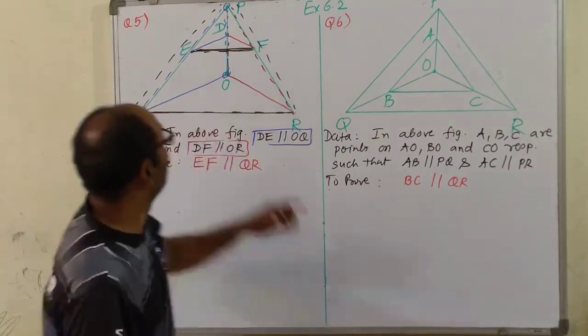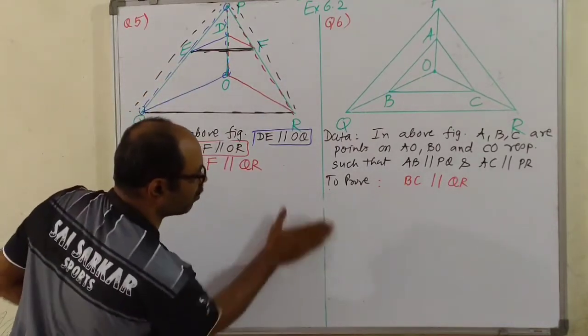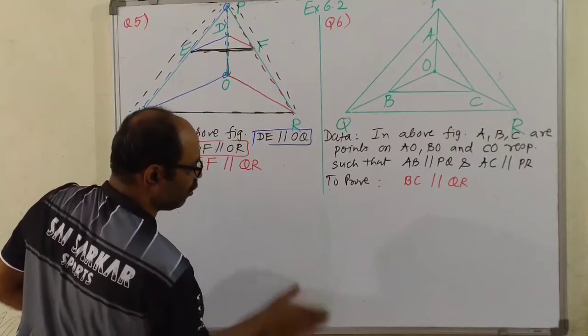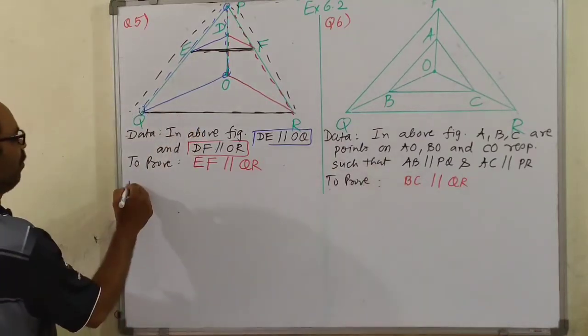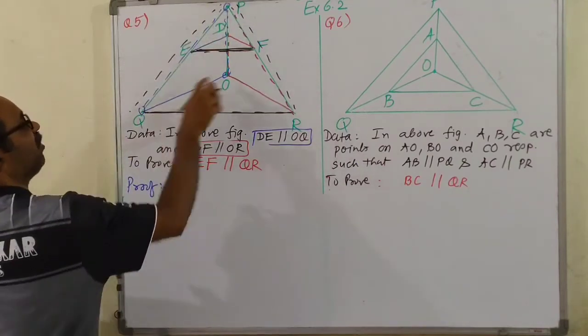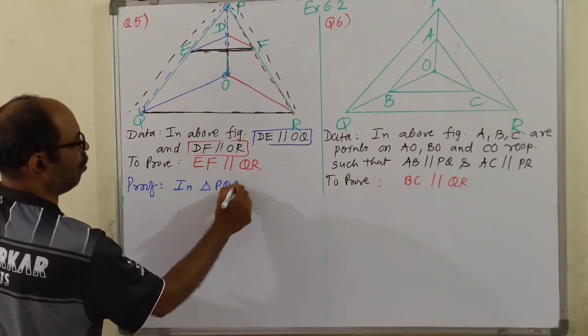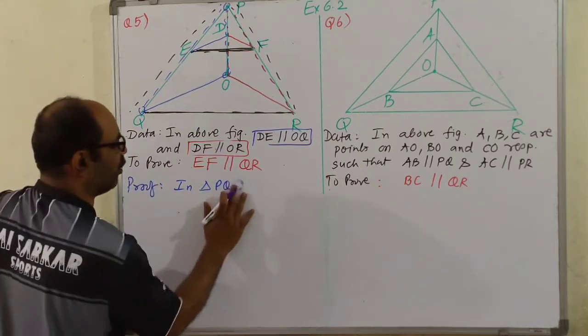Okay, first I'm going to pick up the blue triangle. Alright, so I'm writing. I'll use this space also if I require. Alright, to prove this. Chaliye. Proof. In triangle PQO, children, one statement I'll write for you.